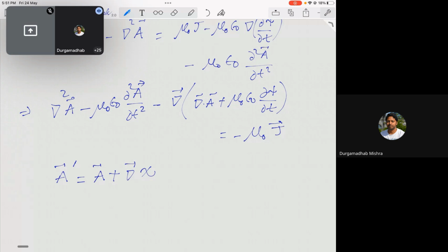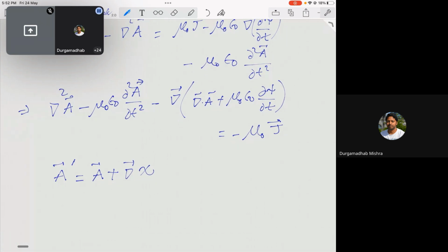If you take the curl of both sides, you will get the magnetic field B. But how is that going to affect my psi? That is the question. If I change the vector potential A prime to A plus the gradient of another scalar, I can get the same magnetic field B. But what about psi?